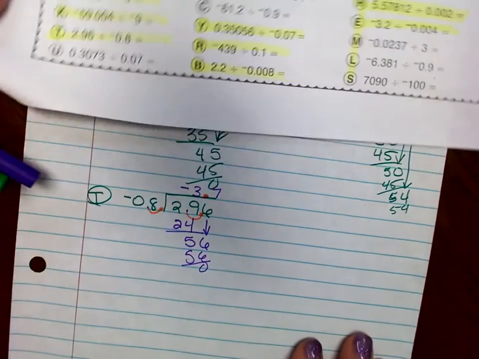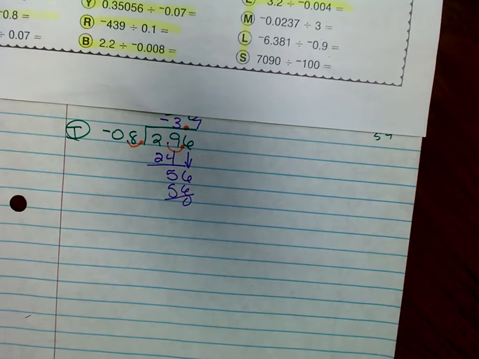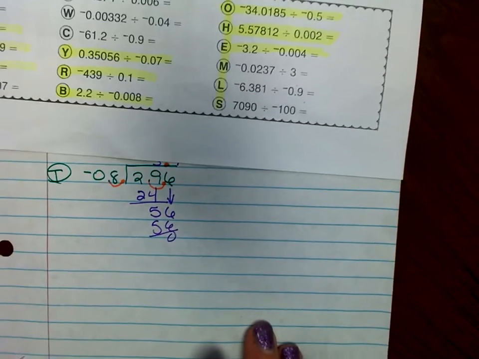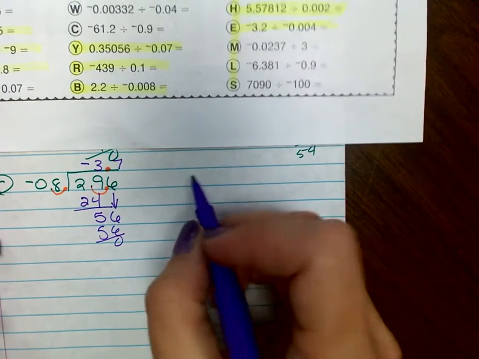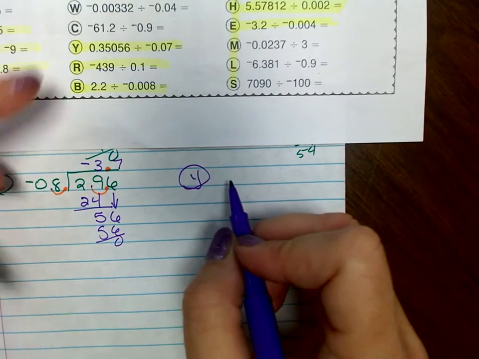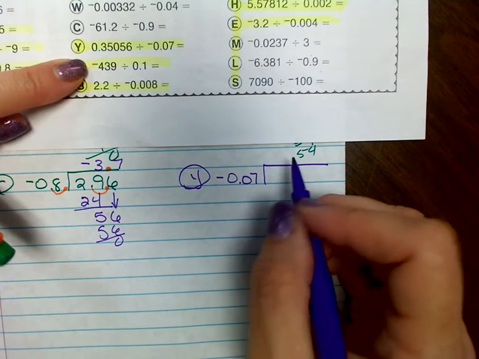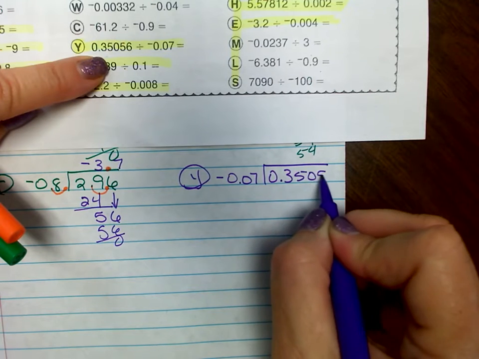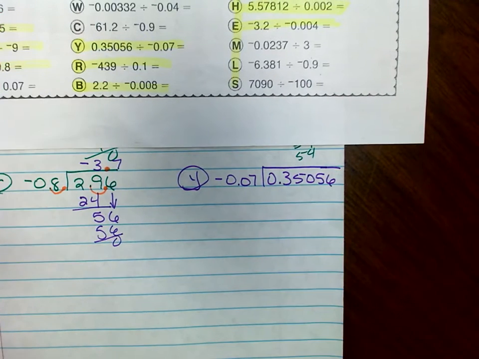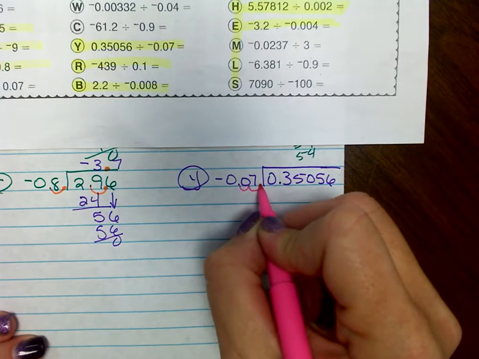Okay, let's look at y. So this is y. We have a negative 0.07, 0.35056. Okay, first thing we have to do is move our decimal 1, 2.